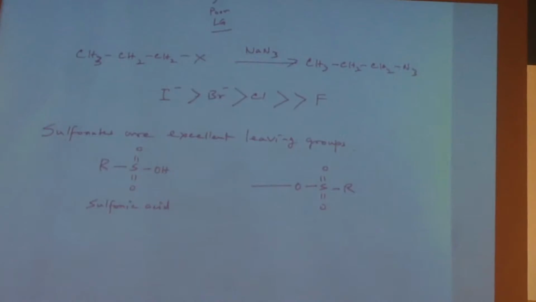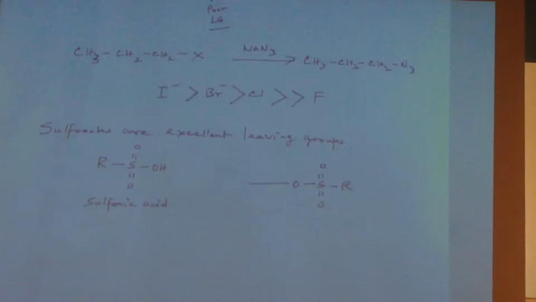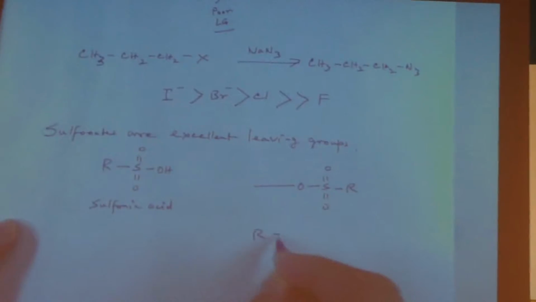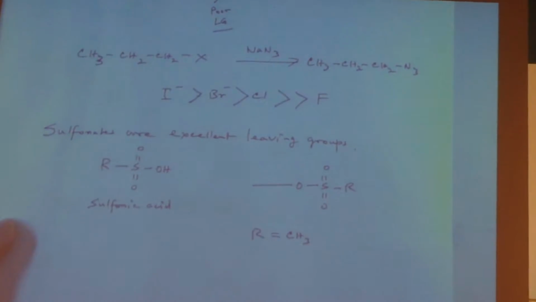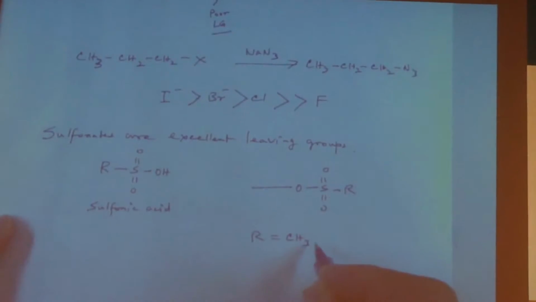Now depending on the R group also, the rate could actually vary significantly from one another. The R typically we use is CH3, which is called mesylate, a methyl sulfonic acid.